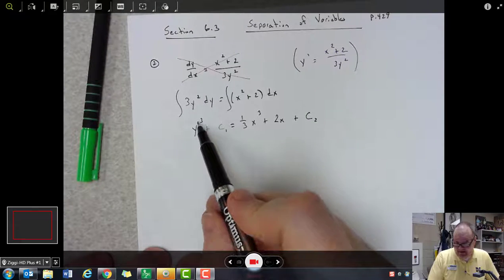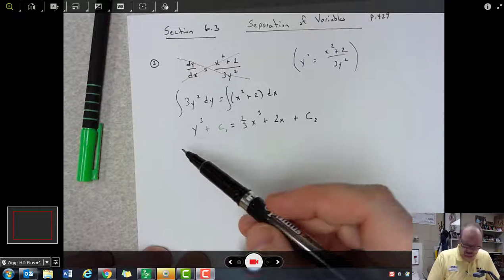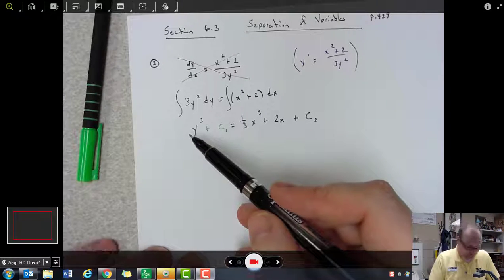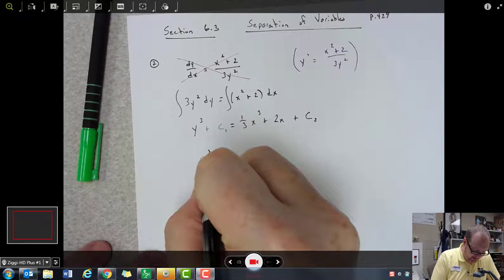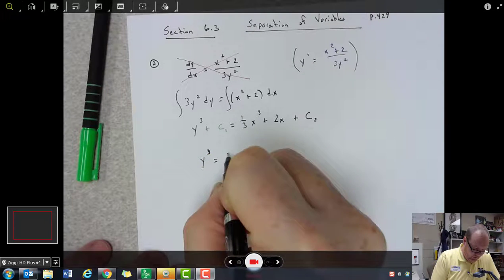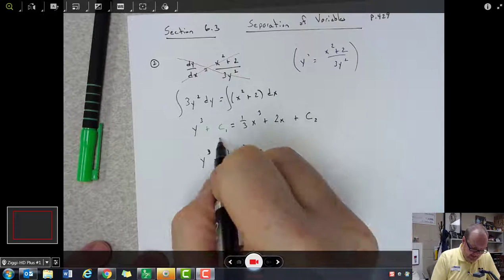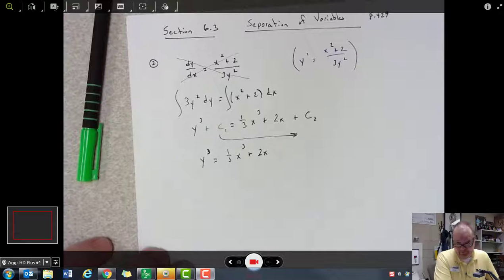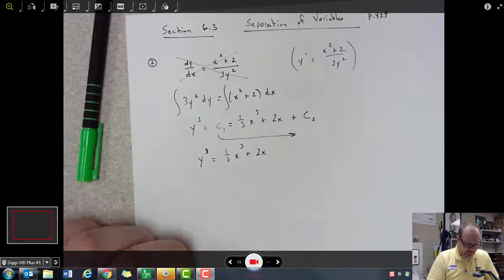It's nice, and I can't always do it in a convenient way, but it's nice if I can isolate the y term. I'm not going to take the cube root, but I am just going to get that by itself. So y cubed is equal to all of this, and then I'm going to combine those constants together. And this is where students' head sort of swims a little bit. This is a constant.